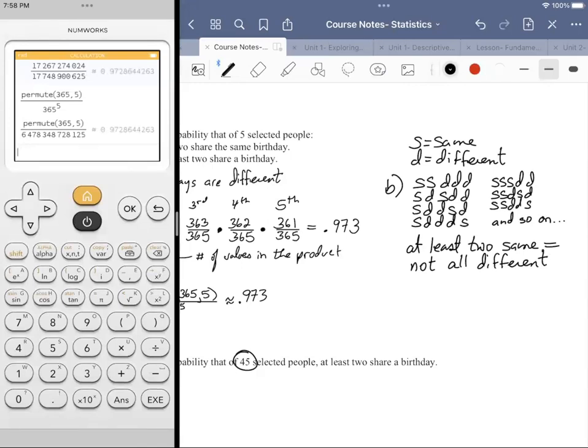Because if at least 2 are the same, then you can't say that all the birthdays are different from one another. All right. So whenever we want to find the opposite of an outcome, we subtract it from 1. So the probability of at least 2 the same would be equal to 1 minus the probability that they are all different.